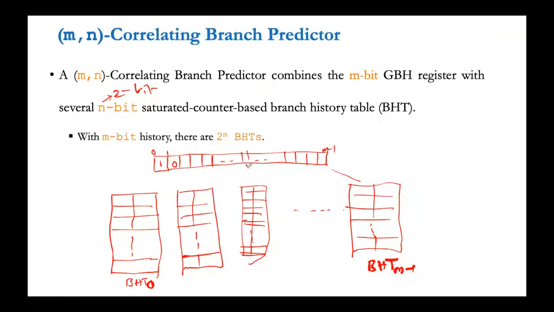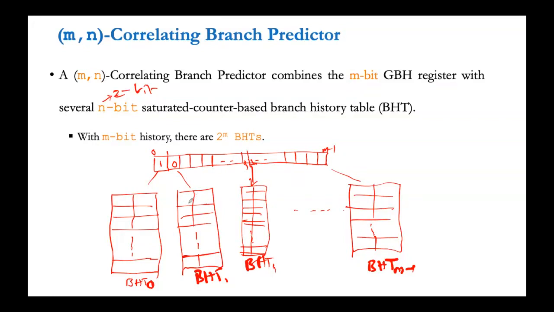For suppose the ith branch, there is the branch history table for the ith one, and similarly for every entry there is a branch history table. So in the (m, n) correlating branch predictor, there will be m branches, and for every branch there will be a branch history table.